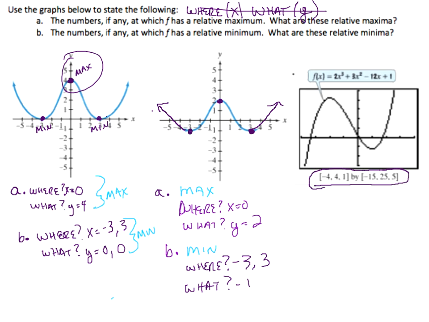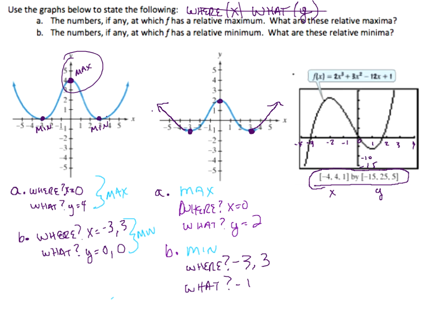Now this last one is slightly trickier because you have to remember what you learned in section 1.1 about viewing windows. This notation down here tells us what kind of viewing window you're looking at. Remember, it always lists the x-axis first and then the y-axis second. The x-axis starts at -4, so this is -4, -3, -2, -1, 0, 1, 2, 3, 4, because it's counting by ones.